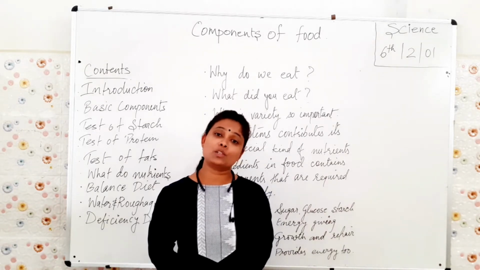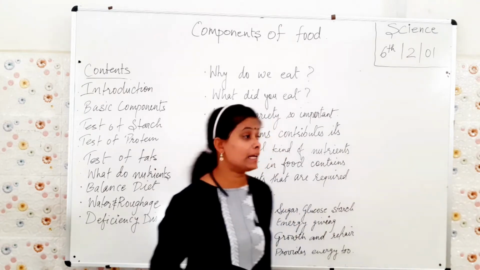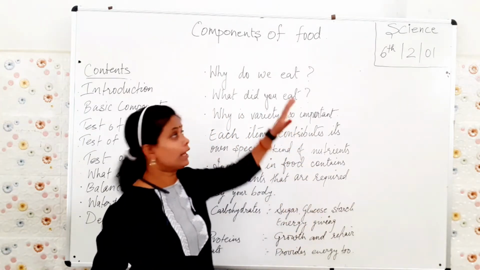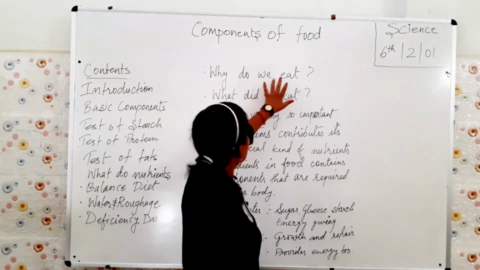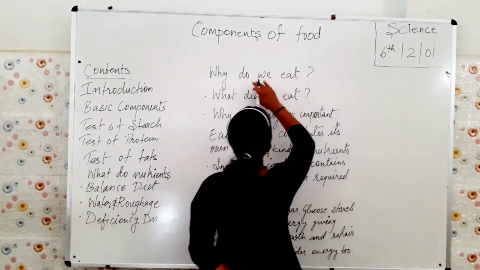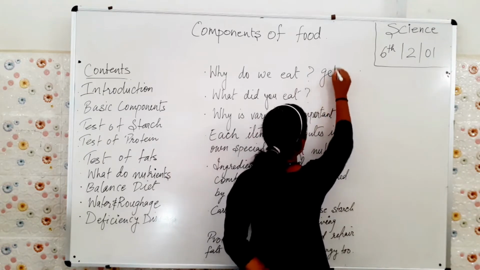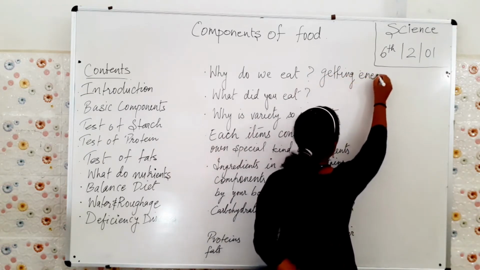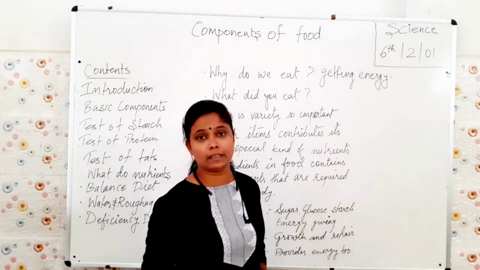Energy we get from the food we eat. That's why it is very important to eat. Now you would have understood why we need to eat. So we eat generally for getting energy, as it is a life cycle.